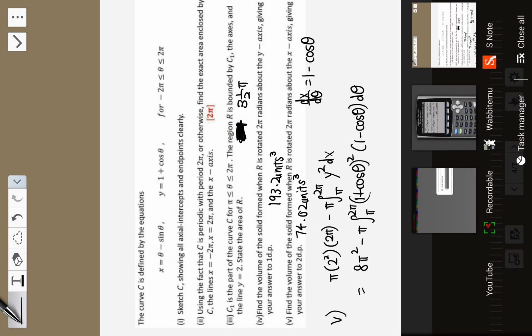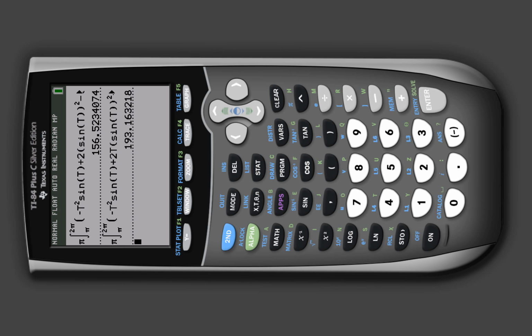So I go back to the graphic calculator, and then I'm going to key 8 pi square. You can also key this button instead, but no, I'm just going to delete it.